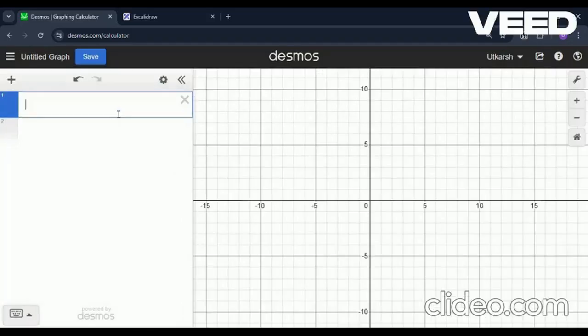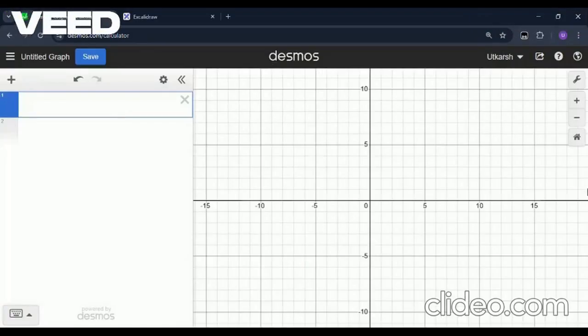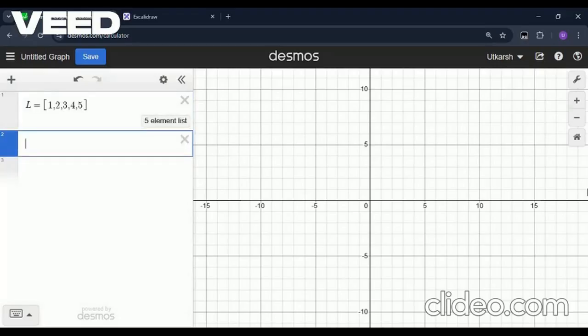So one more cool feature that Desmos provides us is the list feature. So suppose I create a list L with elements like 1, 2, 3, 4 and 5, and then I have to draw 5 concentric circles centered at the origin.